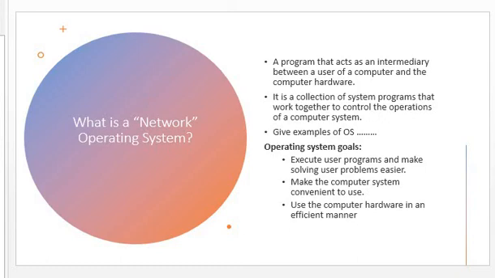The operating systems that we have these days also come with embedded network operating system features. So when you install a Windows 7 or Windows 10 operating system, or a Linux Ubuntu operating system, you don't have to look for an independent network operating system, as the operating system that you are installing comes with inbuilt network operating system features in it.